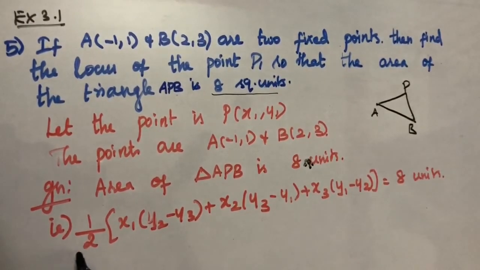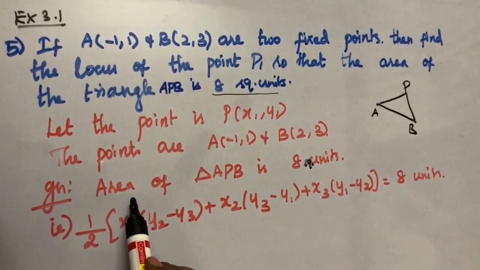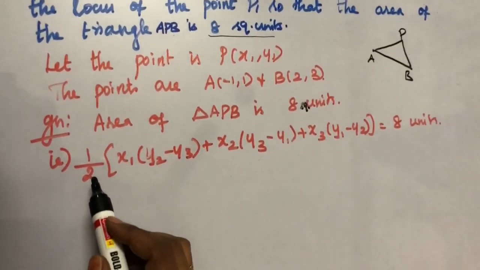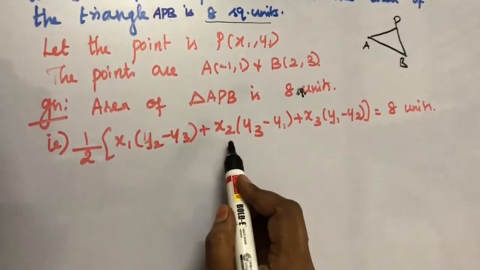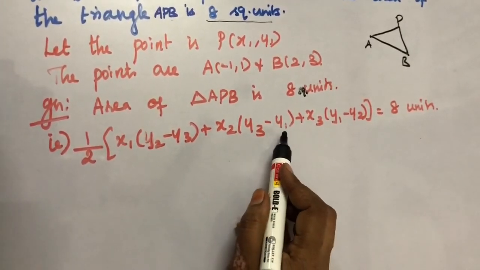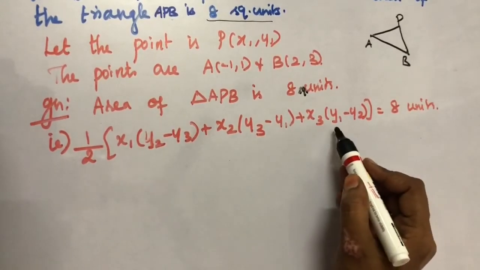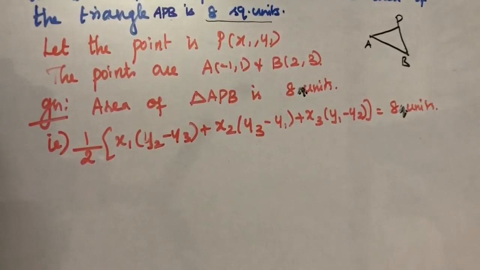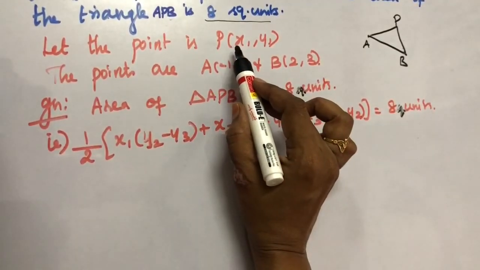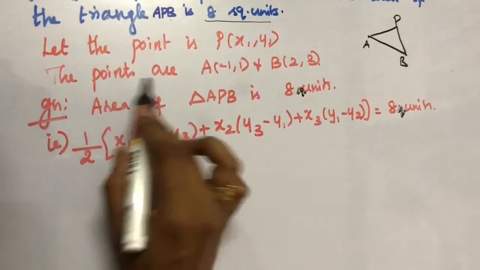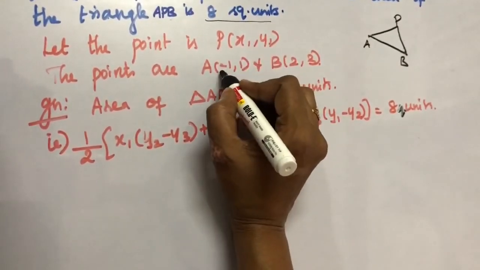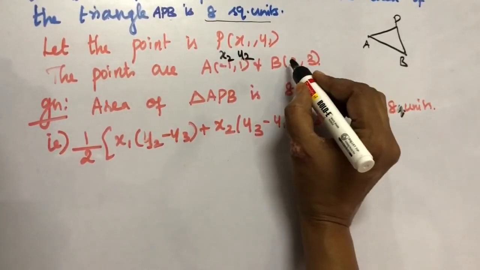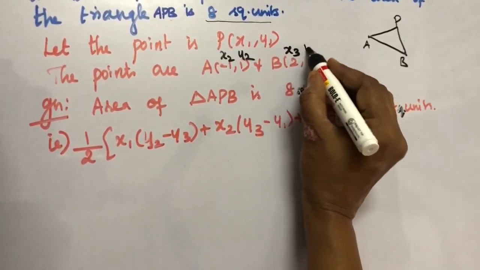Here is the formula to calculate the area of the triangle. Hope you remember this: half into x1 (y2 minus y3) plus x2 (y3 minus y1) plus x3 (y1 minus y2) is equal to 8 square units. The coordinates of P are x1 and y1, A is x2, y2, and B is x3, y3.